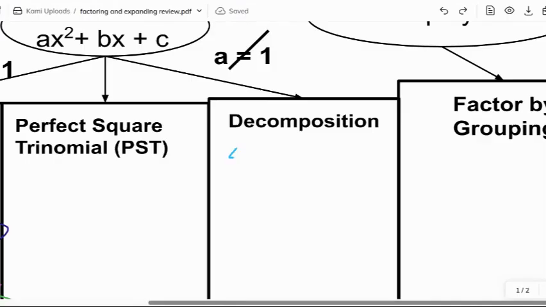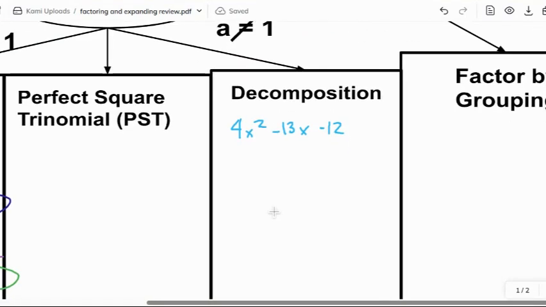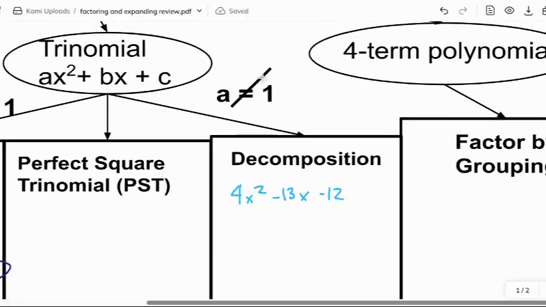This is a hard one to do. 4x squared minus 16x minus 3. All right, so what is my a value in this case? 4. Okay, it's not 1, so I have to go to decomposition.